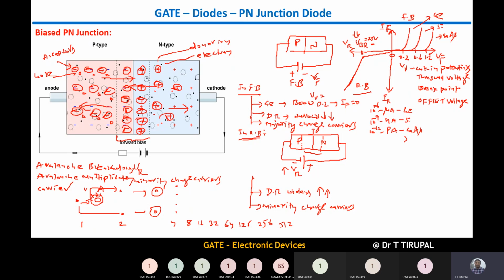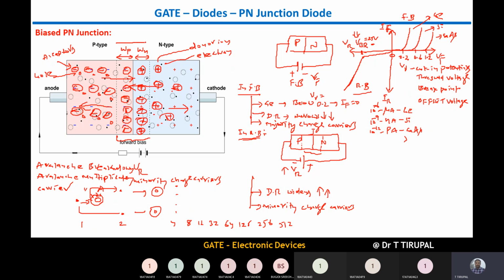Now here I am taking the width of this depletion region from this point to this point in the p-type as WP, and this width as WN.